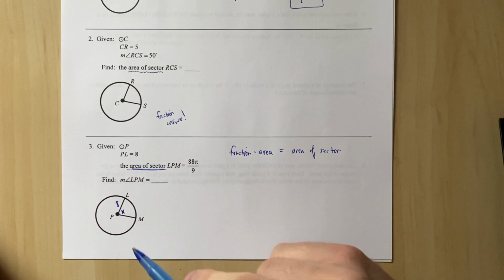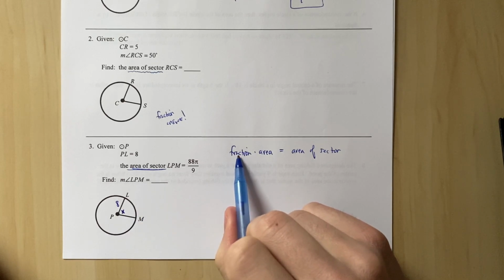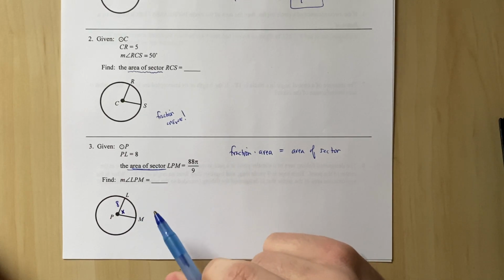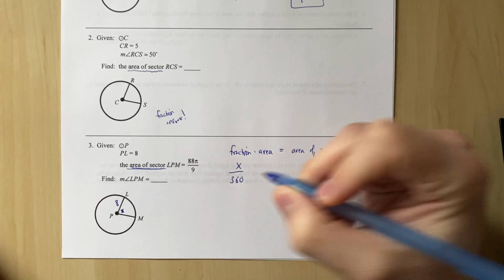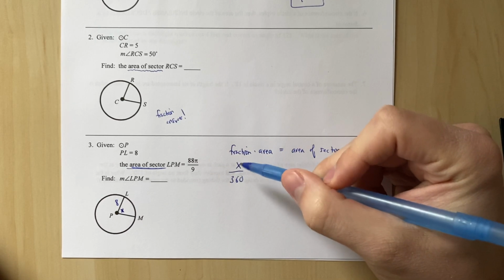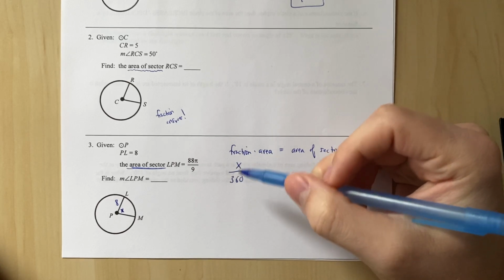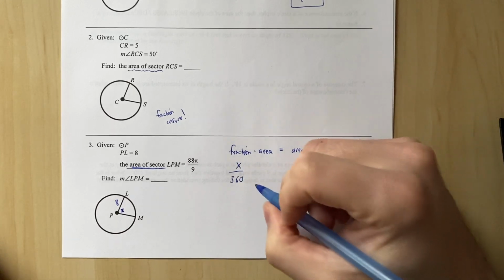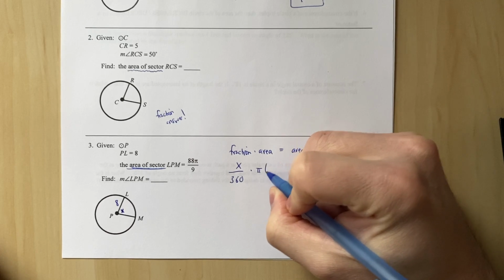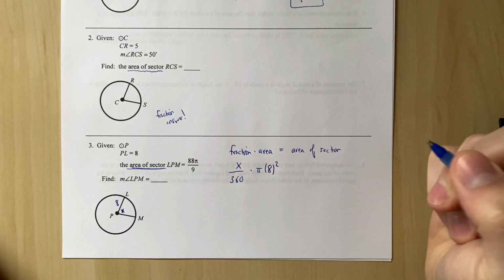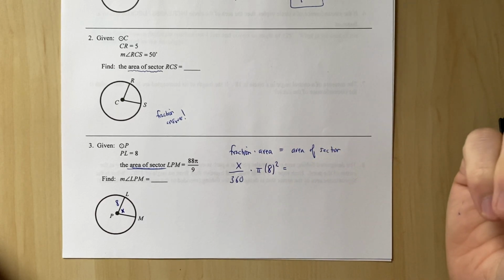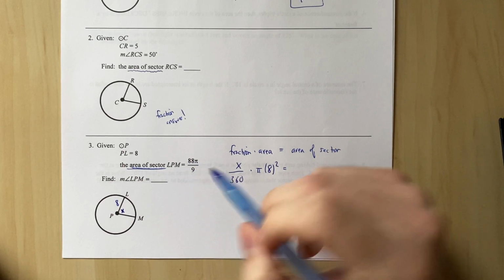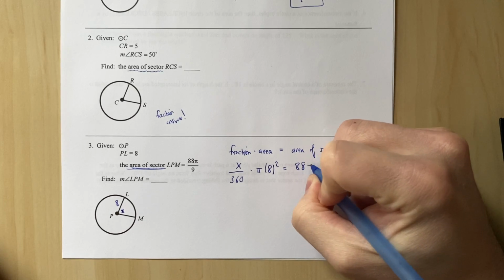So think about what we have. The fraction of the total is x over 360, because we don't know what degree we have out of the total. This is where it gets fun. We have x over 360 times pi r squared, which equals the area of the sector.